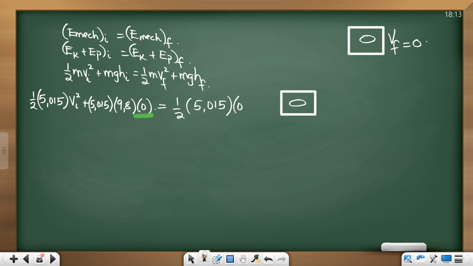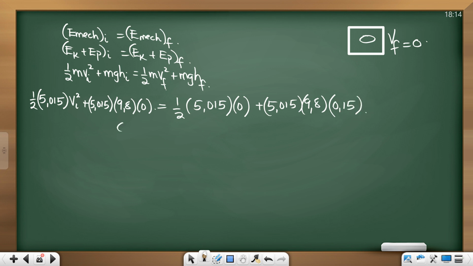So our final velocity is 0. Then what do we have? Plus mgh. What is the mass again? 5,015. What is g? 9,8. Now, I told you that height is always measured from the ground. If you remember, we're given 15 centimeters, and that is 0,15.